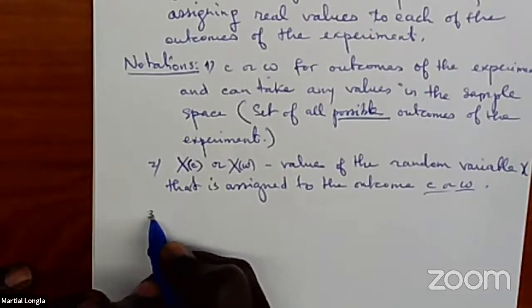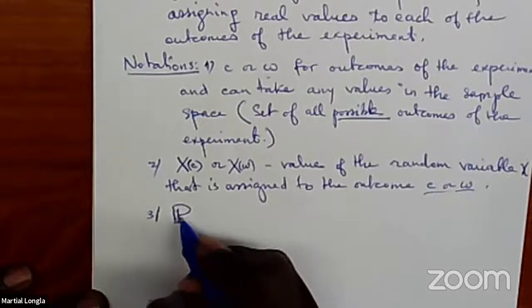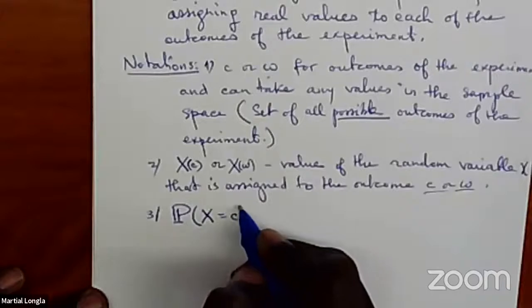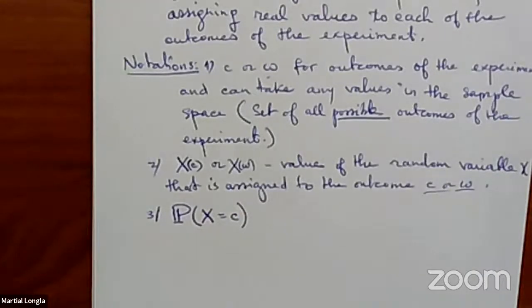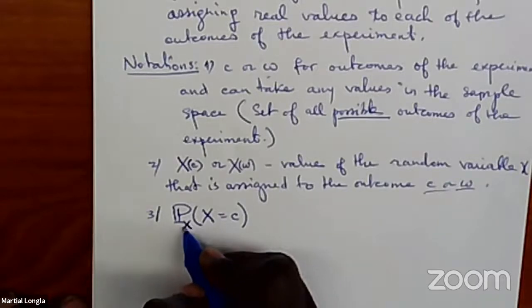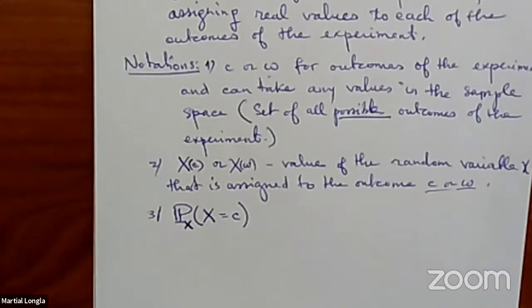And so when we do this, we will say the probability that x is equal to c. Remember that there is no probability that is defined for x. The probability was defined for the outcomes of the experiment, right? And now, because x depends on that outcome, we will extend that probability now to define it for the values of x. So usually you will see in a book, we'll say probability px that x is equal to c.